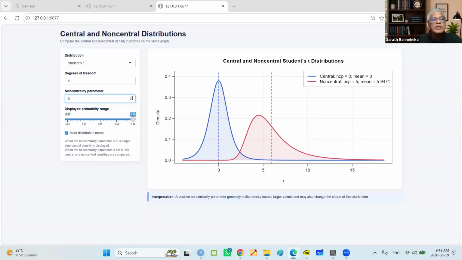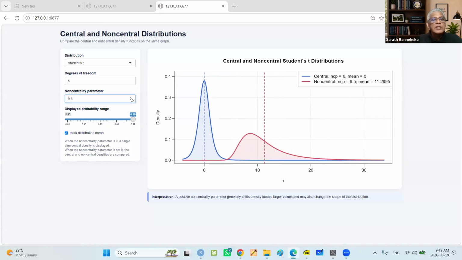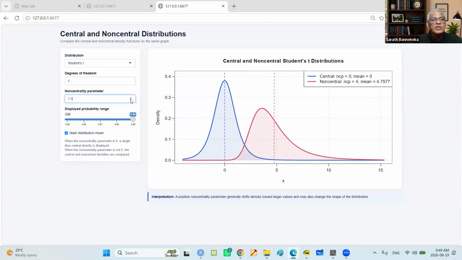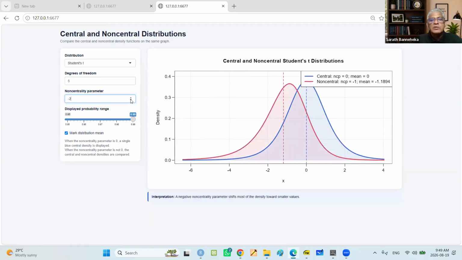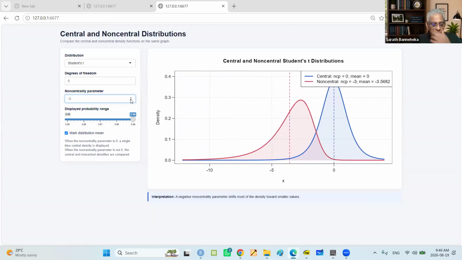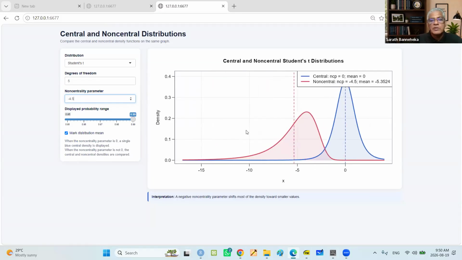On the other hand, let's change it to a negative value. Now you can see if I decrease the non-centrality parameter, it has a negatively skewed distribution.